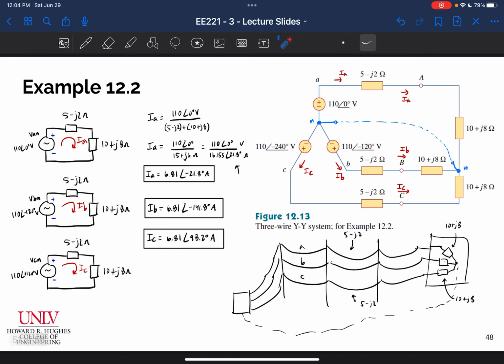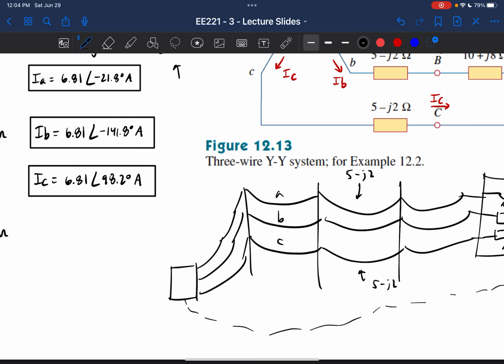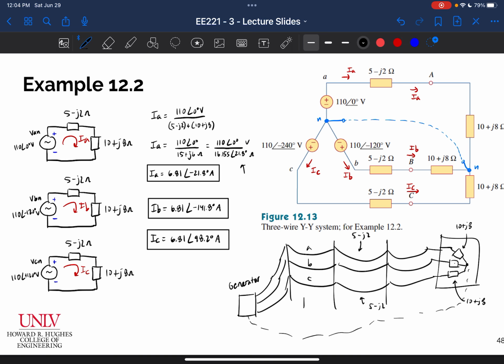We also talked about the difference between the line impedance, which is literally the impedance of the transmission lines, and the load impedance, which is the impedance of the thing we're actually trying to send power to. So maybe I should label this generator, then these are transmission lines, and then this is my load.